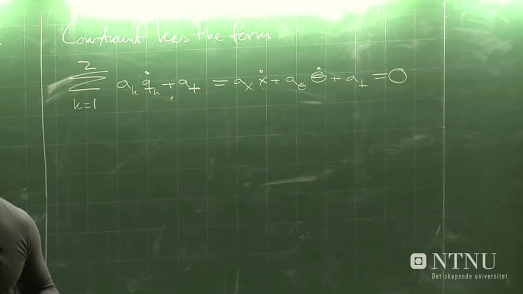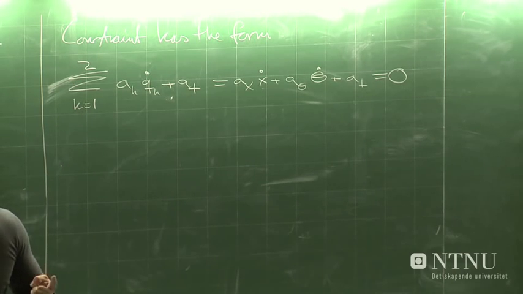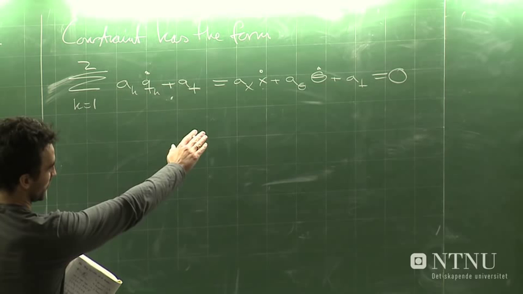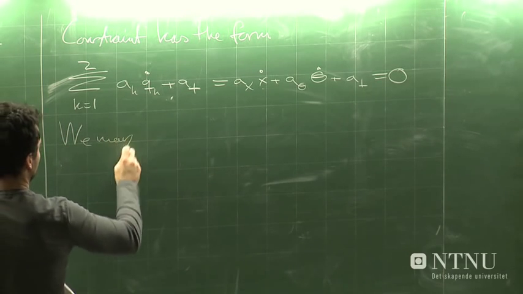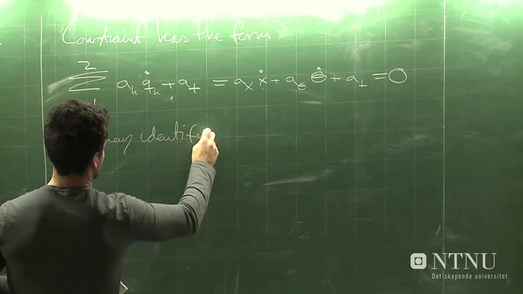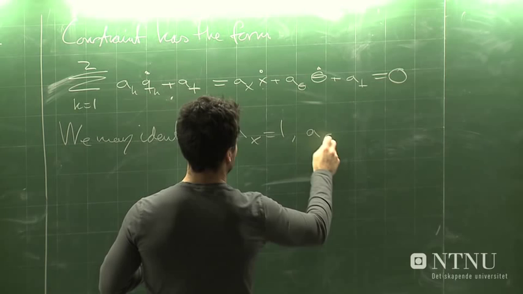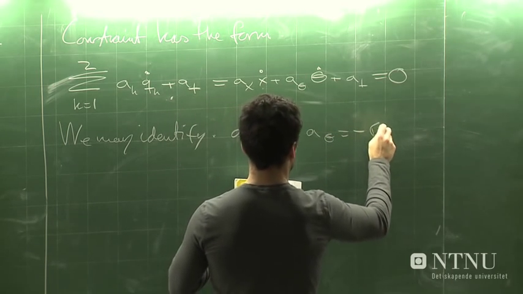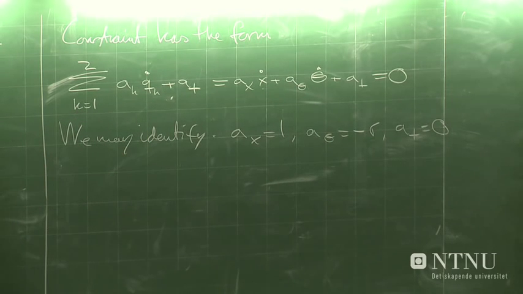It characterized the number of constraints, which would be m in total. So we have a sum from k equals 1 to 2, because we have two generalized coordinates. And so if we write it in this form and compare this with our constraint equation, we may identify that a_x has to be 1, a_theta has to be minus r, and a_t is simply 0.